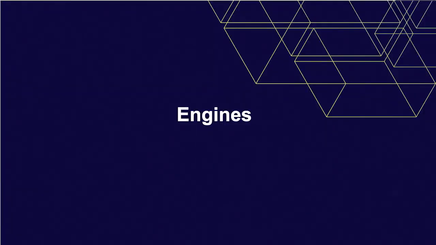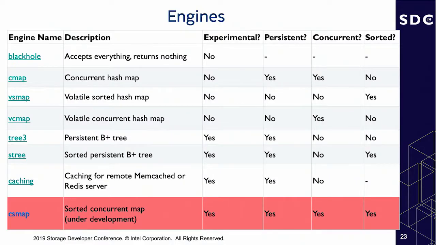So let's talk about the different engines that we have so far. There's a table of them all. The bottom one is in red right now because we're currently validating it. It's not production yet, but it's coming pretty soon, probably within the next quarter. And there's a lot of different ones here. Mostly what you care about, there are some volatile engines.